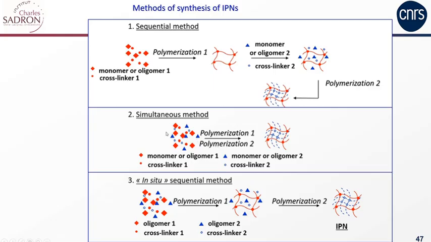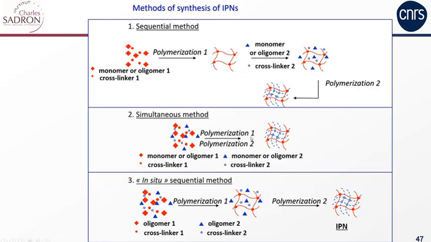The second method is the simultaneous method. In this method, we mix initially all the components of both networks homogeneously, and then we carry out simultaneously the two polymerizations.